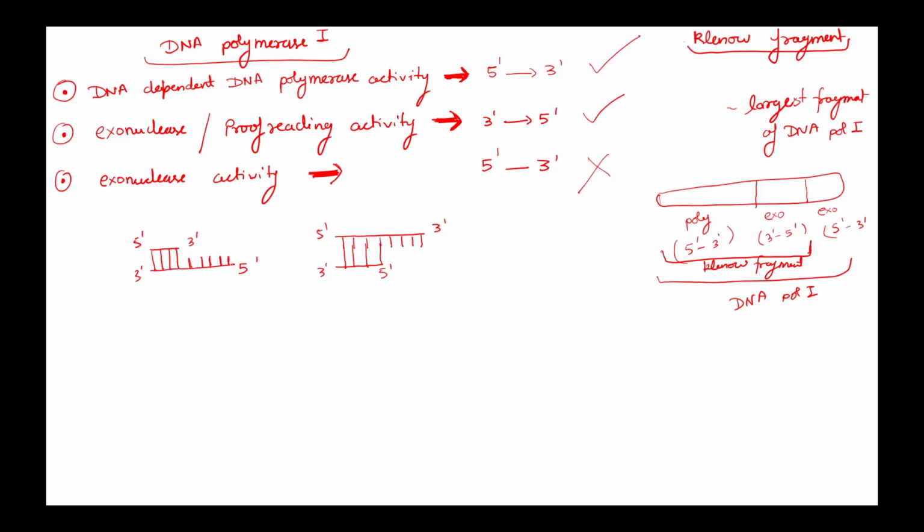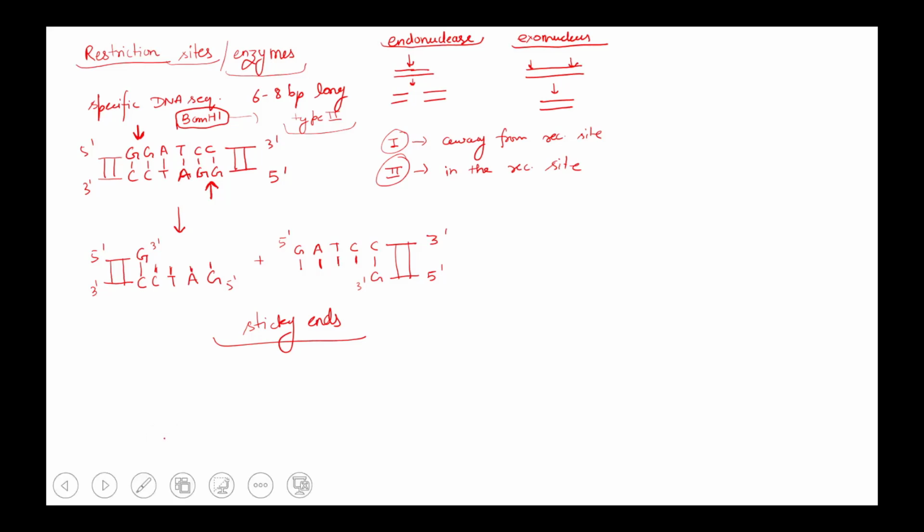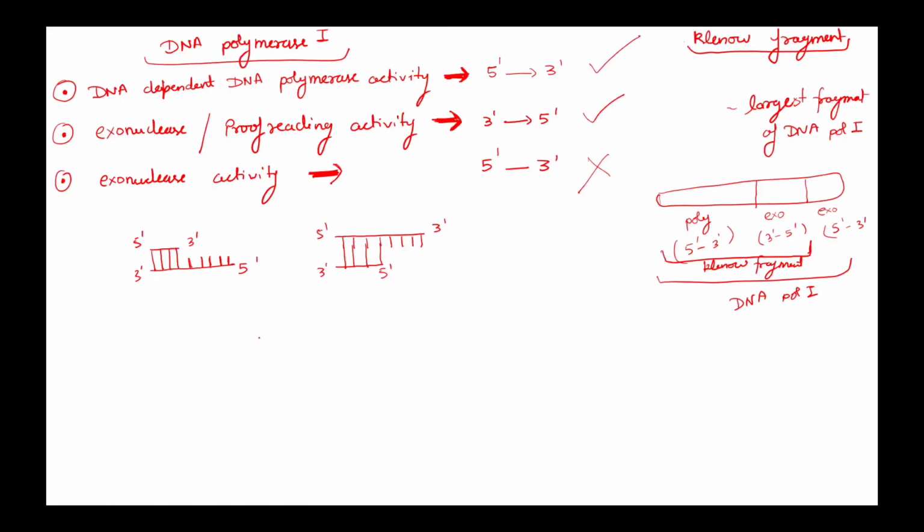So this one where the 5 prime end is single stranded is called 5 prime overhang, and the other one is called 3 prime overhang. So the Klenow fragment will perform its activity. As you can see here, it has the DNA dependent DNA polymerase activity, and that activity can be performed in 5 prime to 3 prime direction.